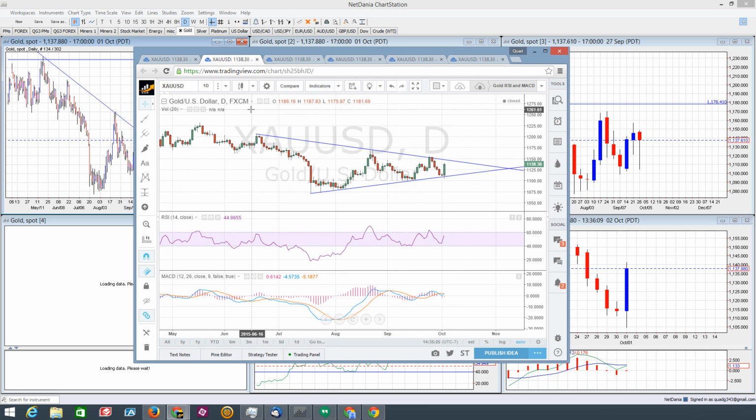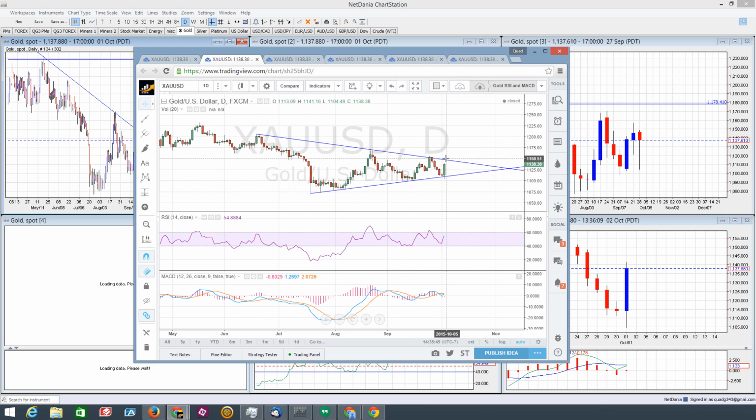And the upside has been tested once, twice, three times, coming up on a fourth time. So the compression here is building up energy and will allow for an impulsive move to the upside or the downside, I would say in the coming days or even weeks.